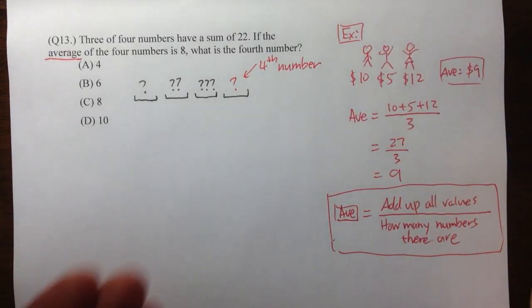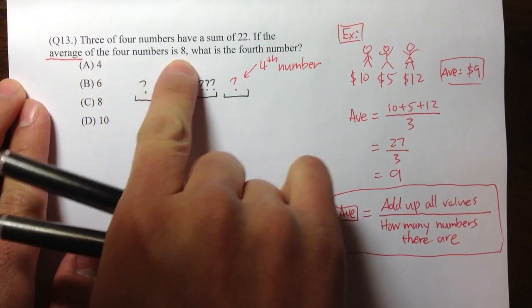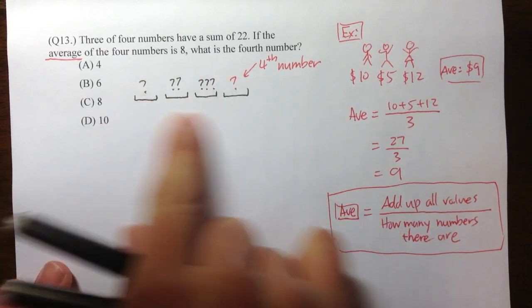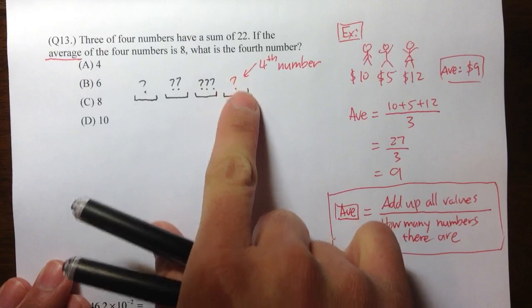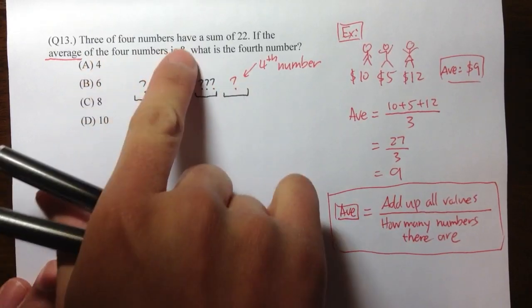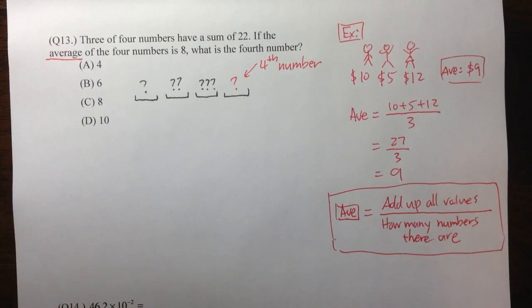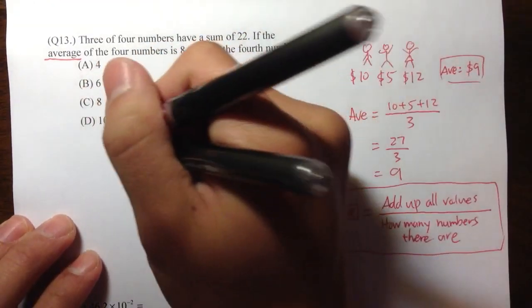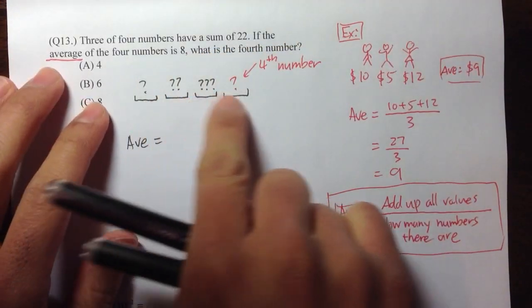Let's see how we can do that with the information that they give us. It says the average of the 4 numbers is 8. So if you find the average of these 4 numbers, you should come up with 8. Let's use the idea that we just talked about. To find the average, you first add up all these numbers.